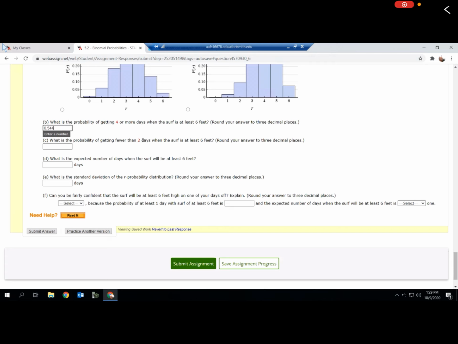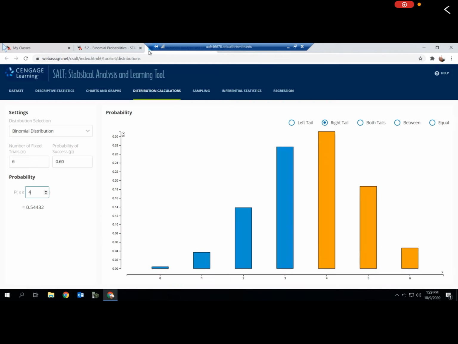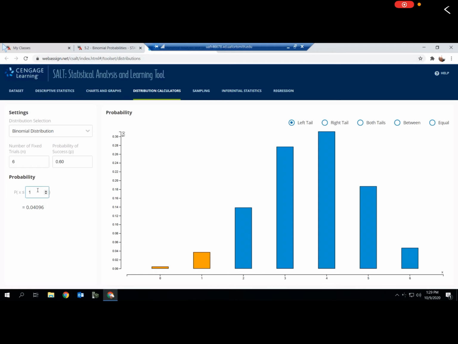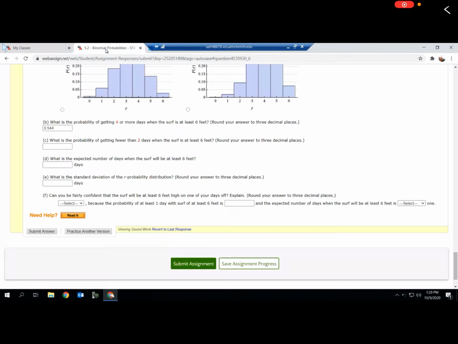What is the probability of getting fewer than 2 days? So that would be none or 1. Fewer tells me to go left tail. Fewer than 2, let me make sure that's the wording. Yep, fewer than 2 would be 1 or less. That's 0.041.